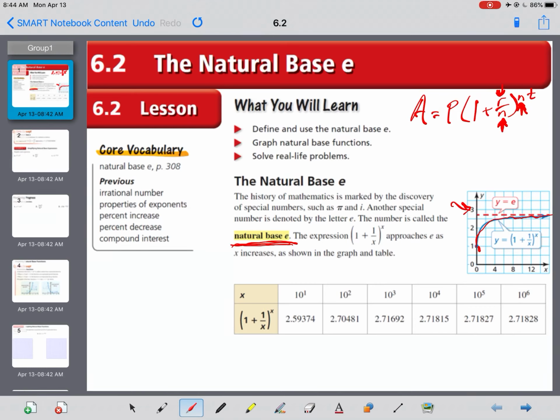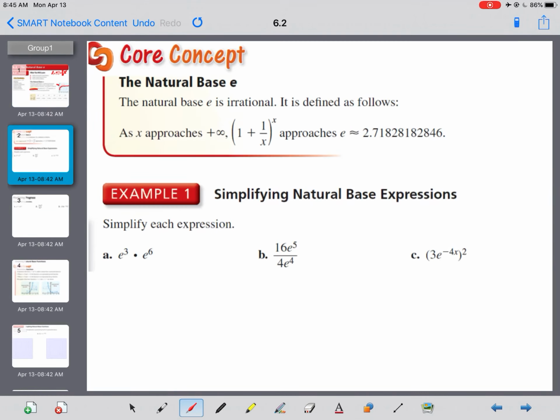Our graph starts at 1 and keeps going. It gets closer and closer, but it never touches. You can see how the decimals change: 0.59, 0.70, 0.71, 0.71, and we get closer and closer to 0.71 something. That's where e comes from.